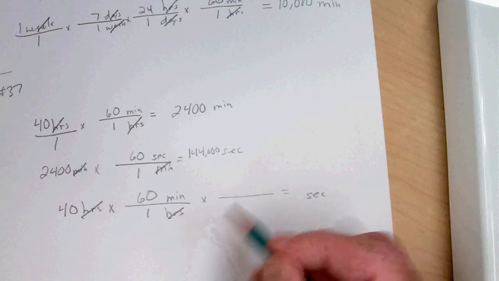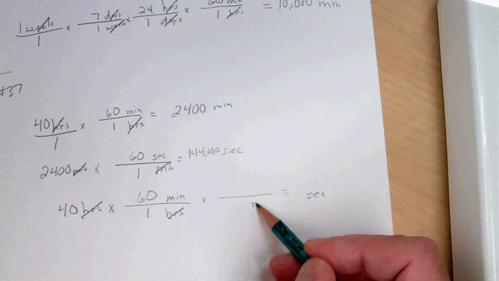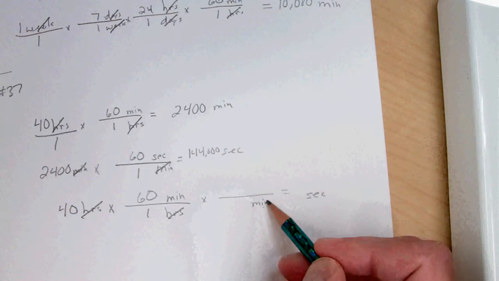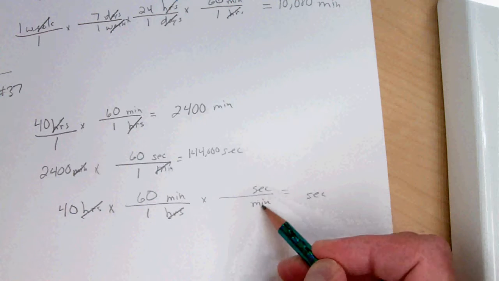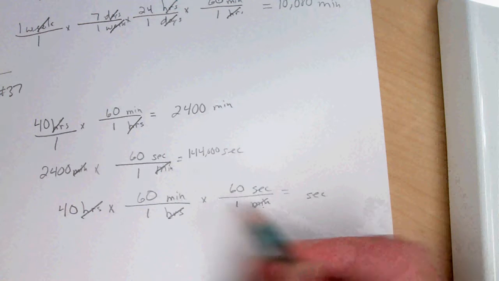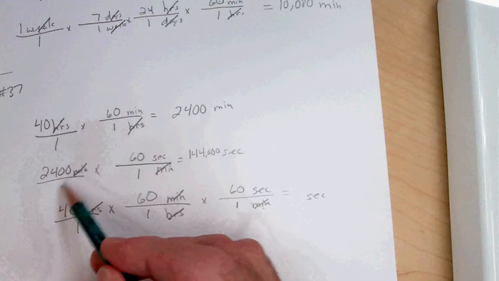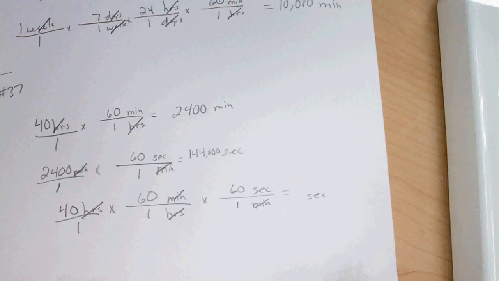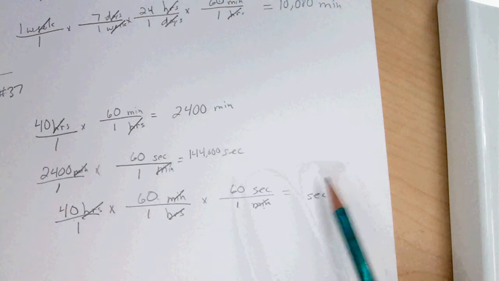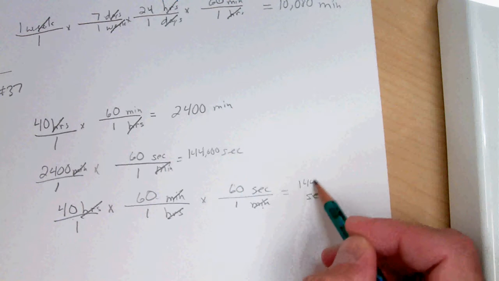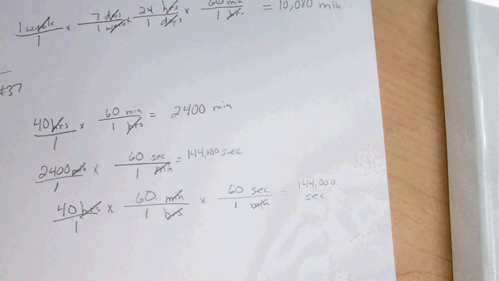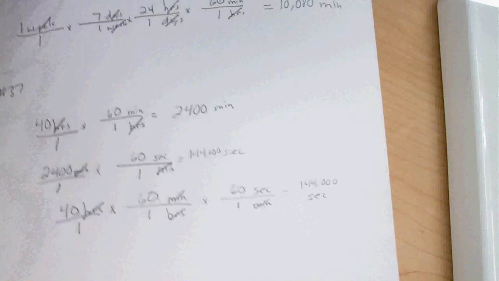That would get rid of hours. And then to change minutes, I'd have to put minutes in the denominator, same match there, and seconds in the numerator. Minutes cancel. So 40, and I could put this over 1. You can see I've kind of stopped doing that because it's just an extra step you don't really need to do. 40 times 60 times 60, still 144,000 seconds. All right.